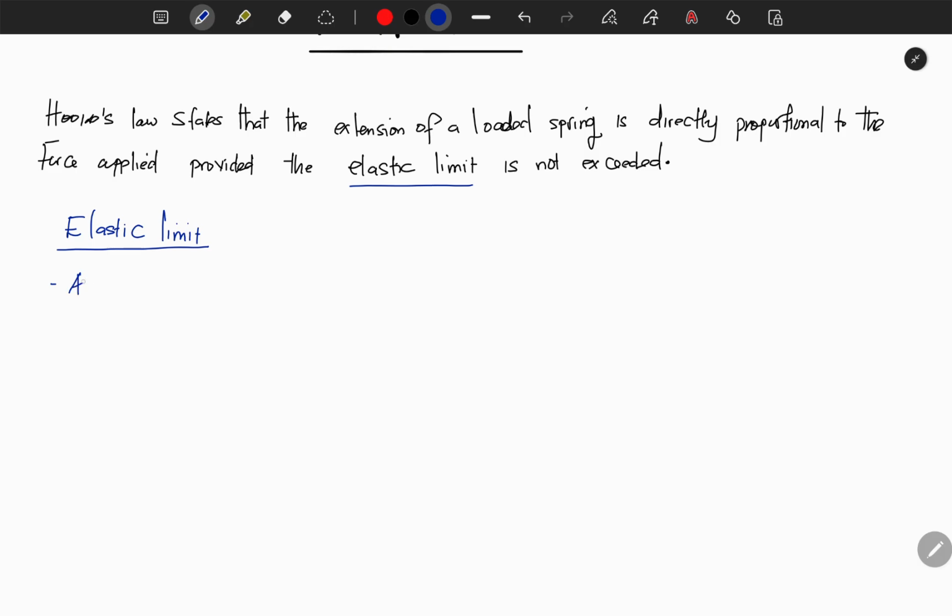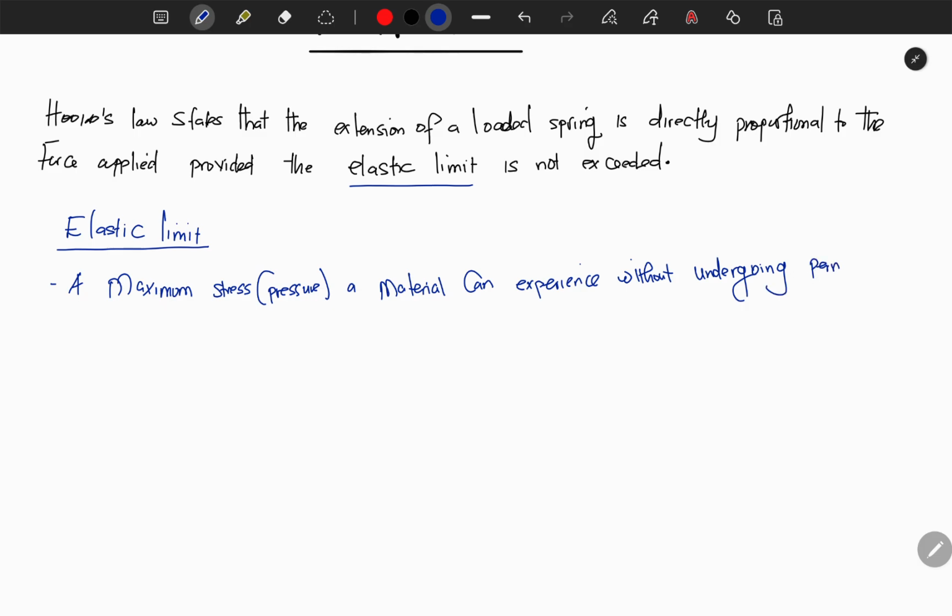So we are saying a maximum stress or pressure a material can experience without undergoing permanent deformation.